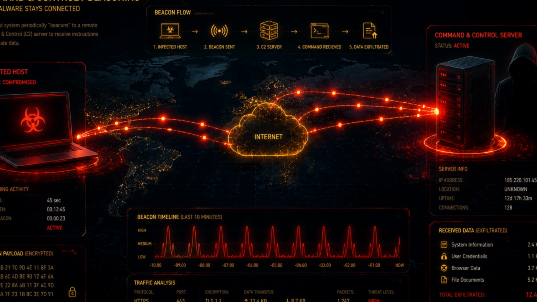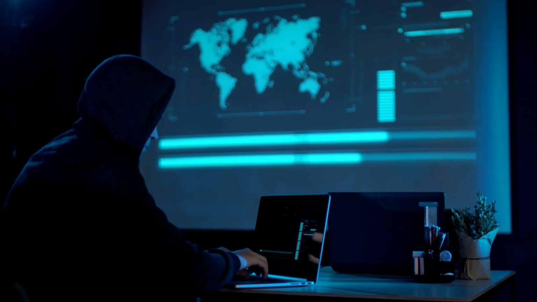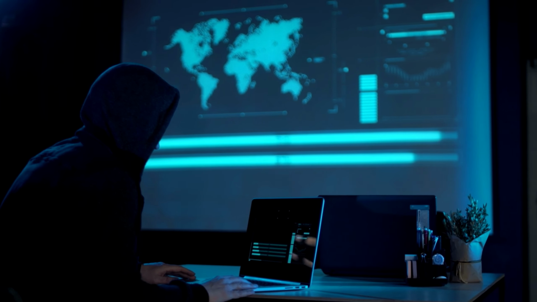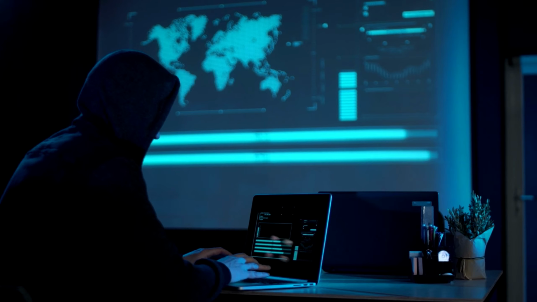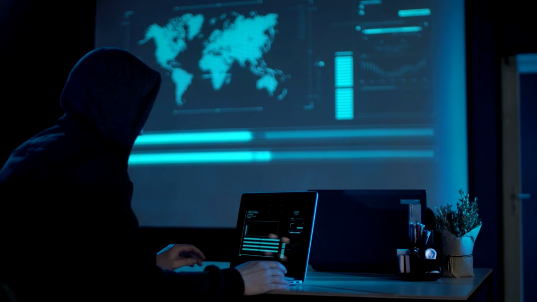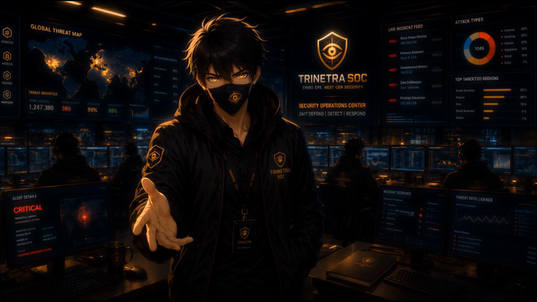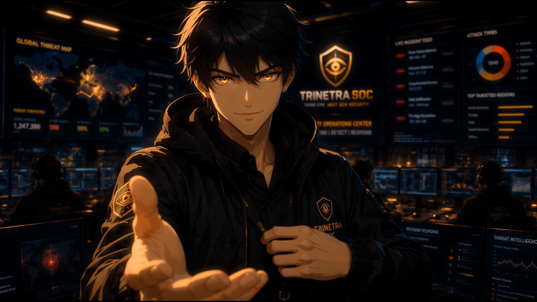We call that command and control. Same mechanic, same packets, same path, different intent. The analyst who understands the normal conversation is the one who spots the abnormal one. That's why networking is stage 1. Not because it's tradition, because you can't defend a road you can't read.